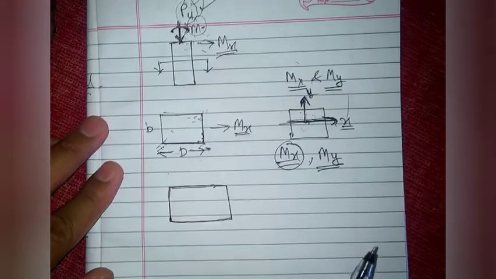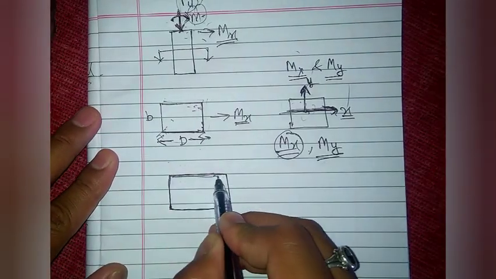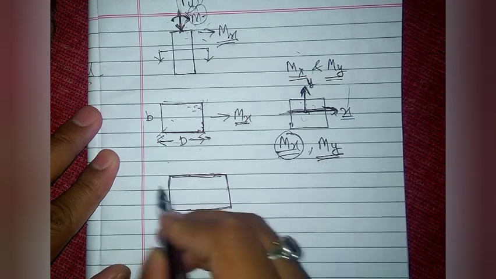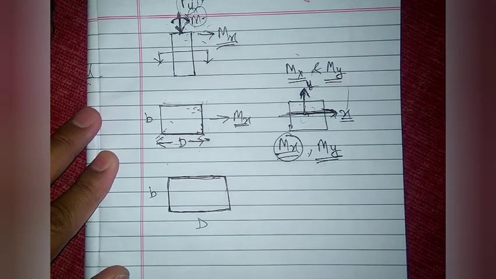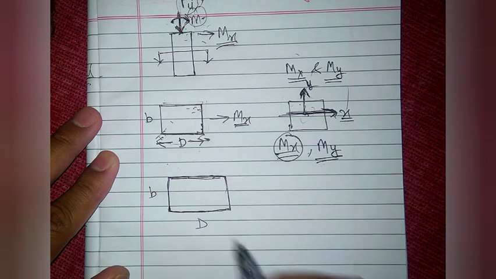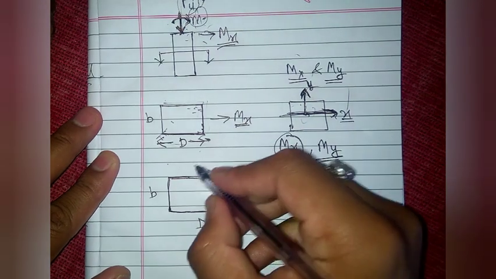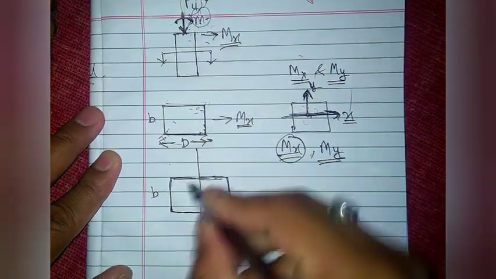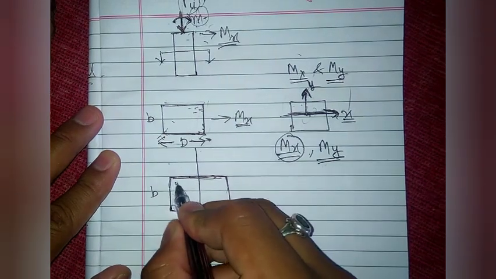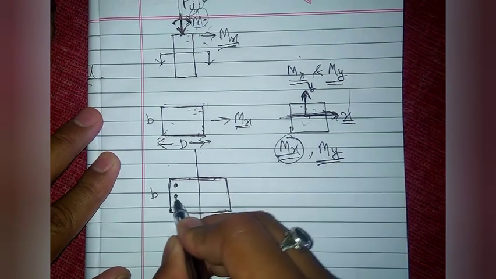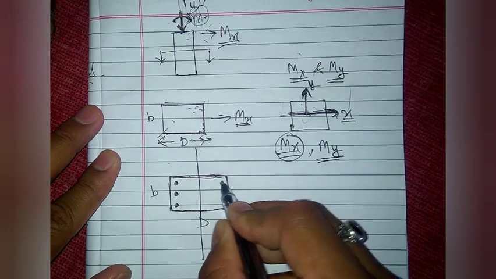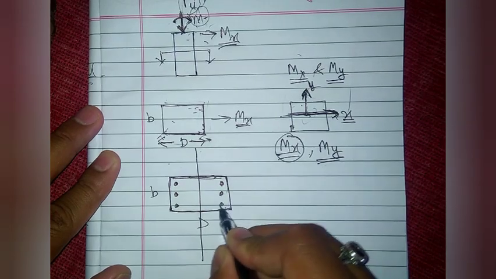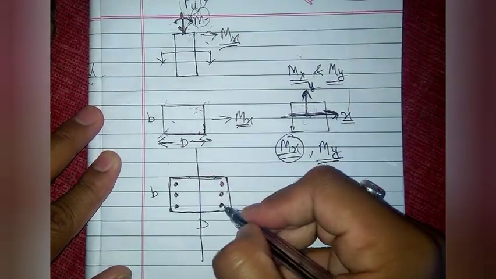Now if we provide a rectangular section like this, where this is B and this is D, then we are going to provide the reinforcement in this manner, in these two rows here.